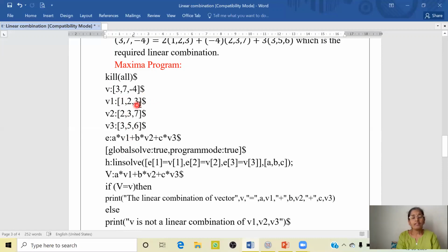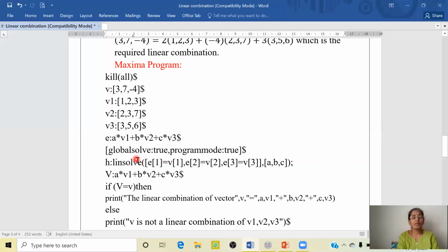Now we write the linear combination of V1, V2, V3 and represent that by E. E is A times V1 plus B times V2 plus C times V3. Here we need to solve for A, B, C on equating to the vector V. We are going to use two functions here, that is globalsolve and programmode.